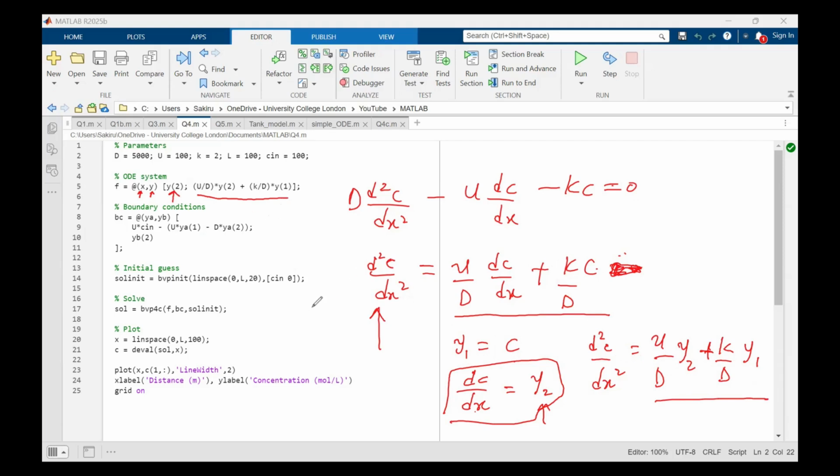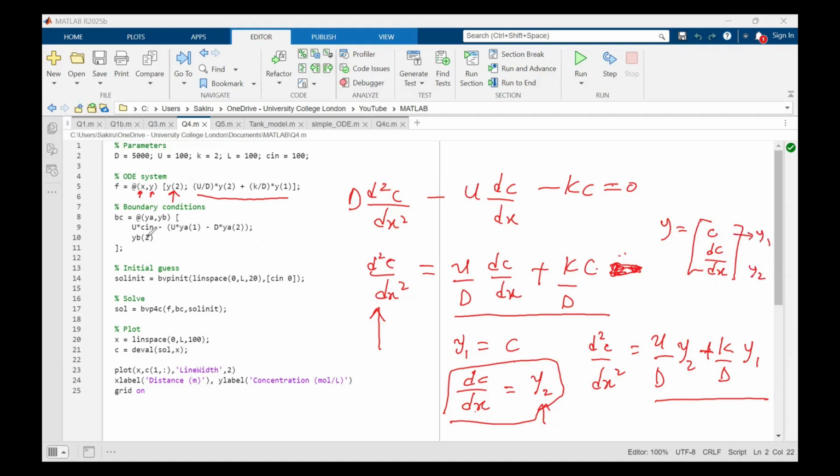So remember, y is a vector. Take note of that. y is a vector of c and dc dx. So c is y1 and dc dx is y2. So this is y1 and this is y2.